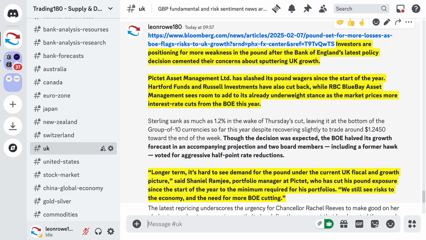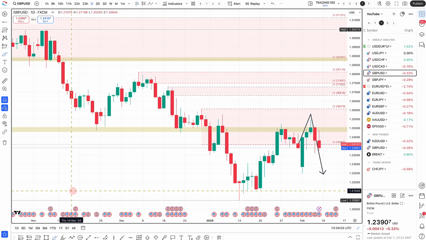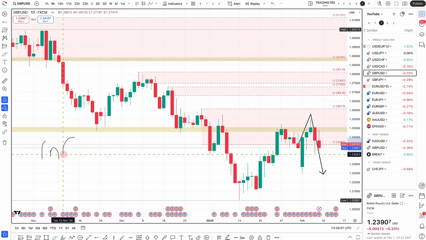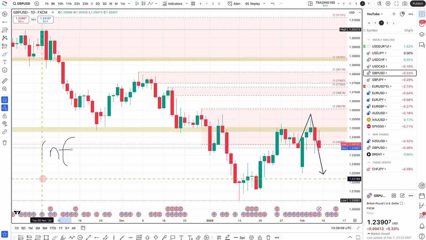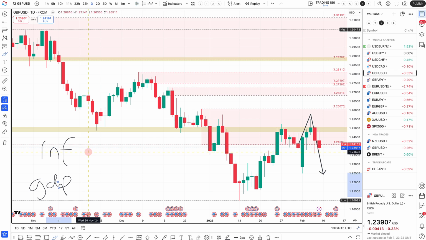And so, understanding stagflation, and many of you may not understand what stagflation is. Stagflation is where you have inflation and you have GDP. Normally inflation and GDP move in the same direction.